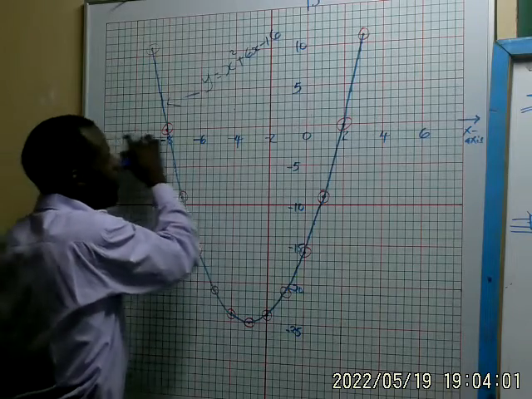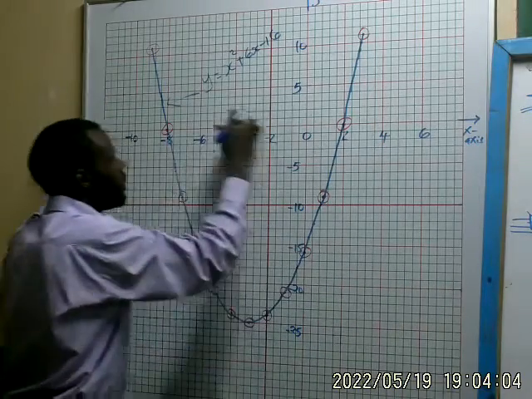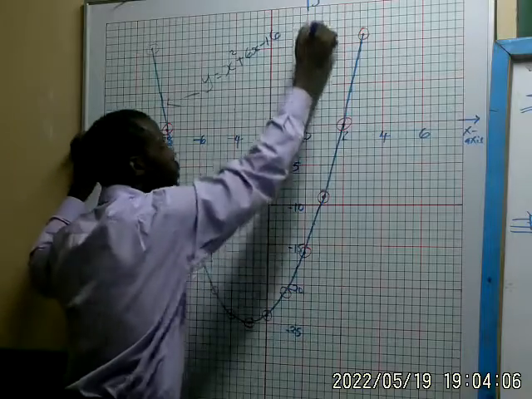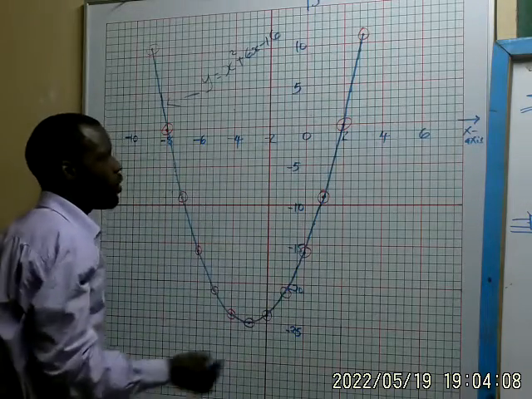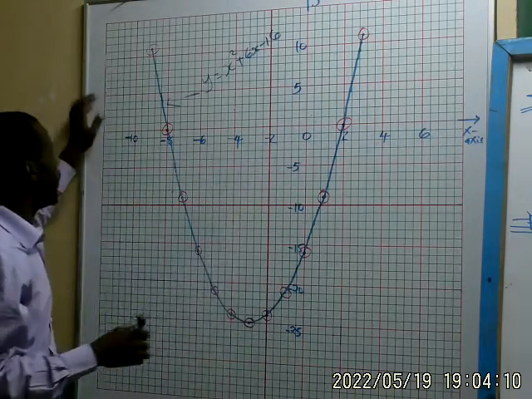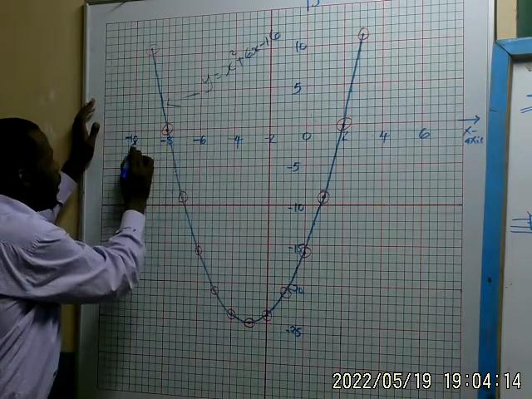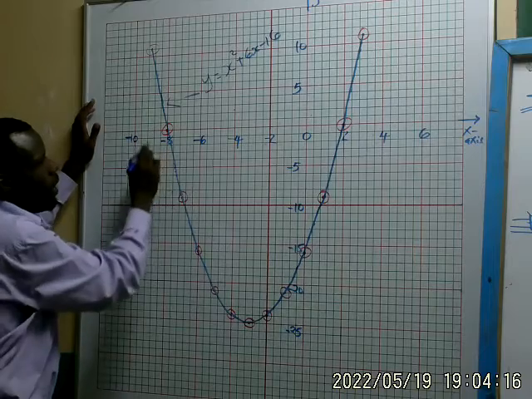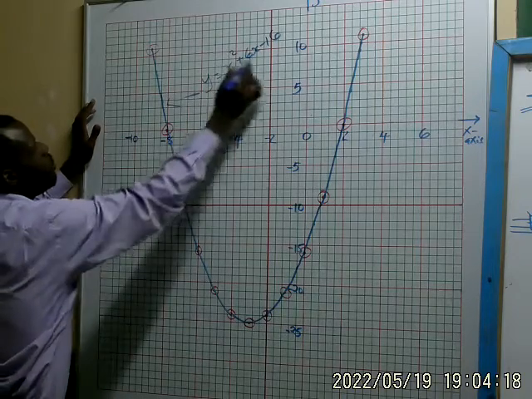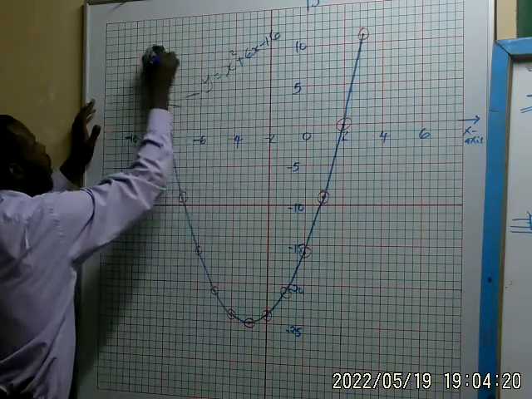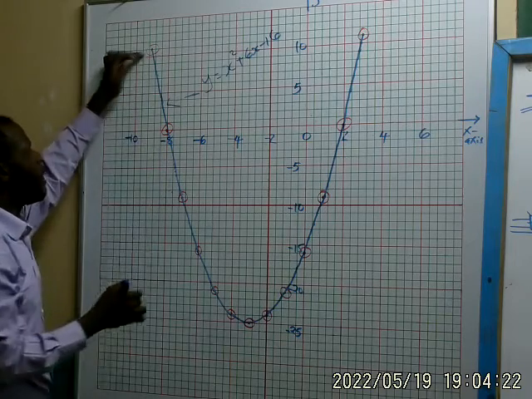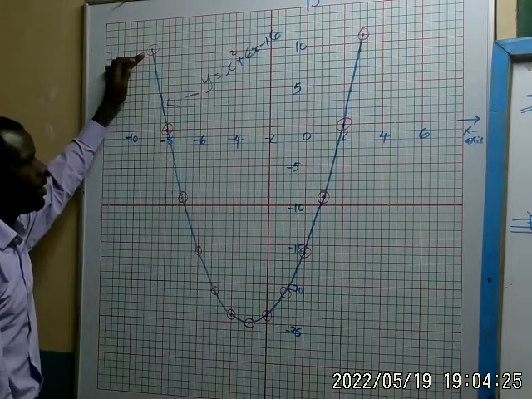This is my x-axis, and my y-axis is on this side. Now, -9 is at the center between -8 and -10, it is here. Then 11: you can see 10 is there, then 1 is there. And therefore, this is my point, -9, 11.